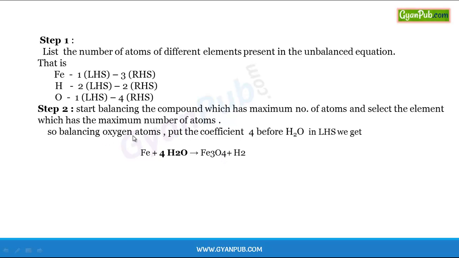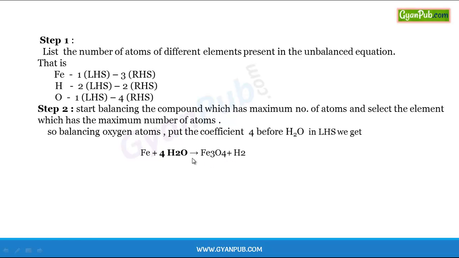First we have to balance the element with the maximum number of atoms in the compound which has the maximum number of atoms. So balancing oxygen, we need to put 4 before H2O, that is water, on the left hand side, so that we get Fe plus 4 H2O gives rise to Fe3O4 plus H2.